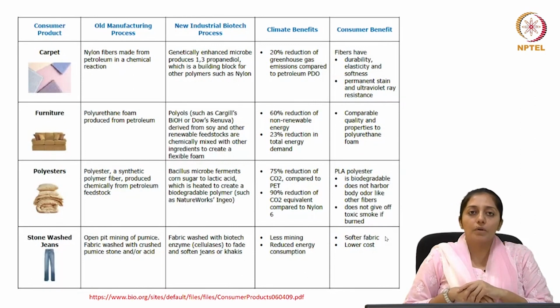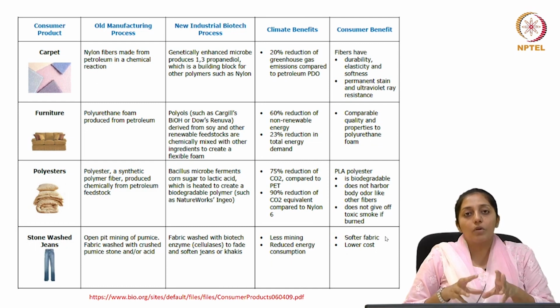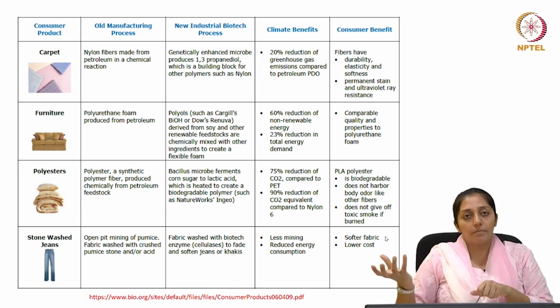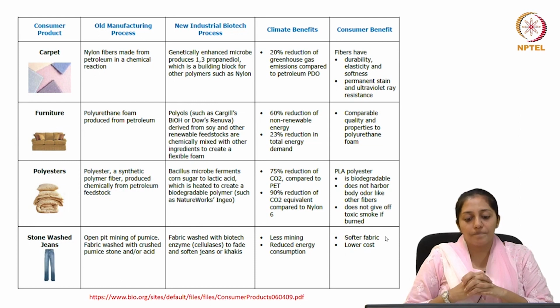Now talking about the use of polymers. Nylon, which is a well-known polymer and has very frequent use in our lives, can also be produced via genetically modified organisms which produce 1,3-propanediol, which forms the building block of nylon.